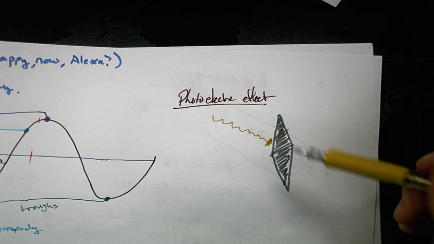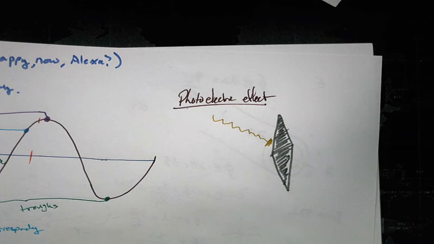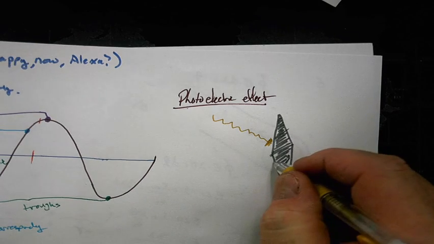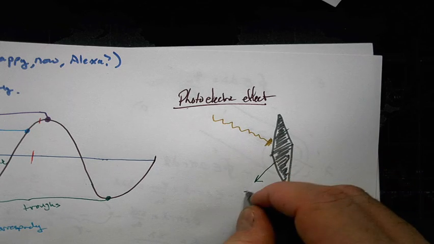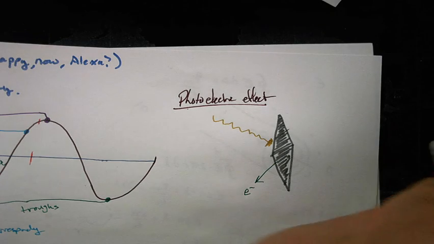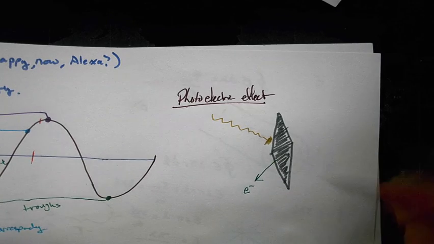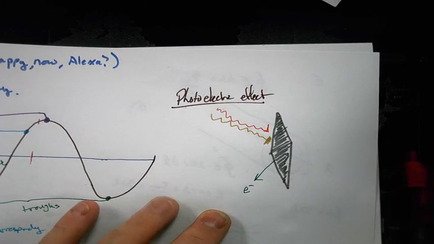And if the light has enough energy, it can kick off an electron. But it has to have enough energy. And so he started shooting all kinds of light at it.